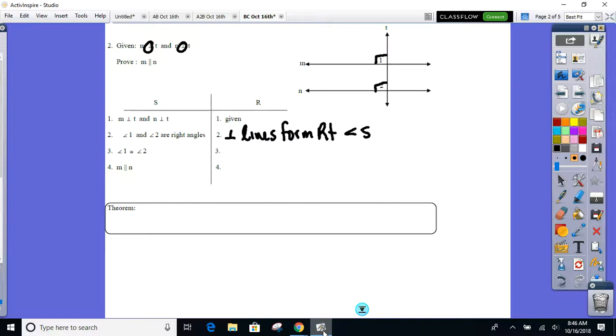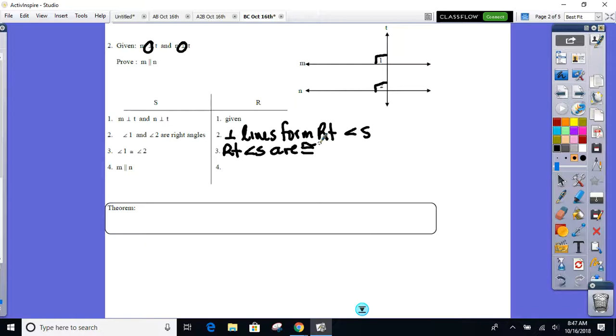Why can't I say corresponding here? Going into tomorrow's quiz, why can I not say corresponding? I need the lines to be parallel for them to be congruent. They're corresponding, but they're not congruent unless the lines are parallel. Nice, everybody, with their hands up. Love it. So I need to say right angles are congruent.